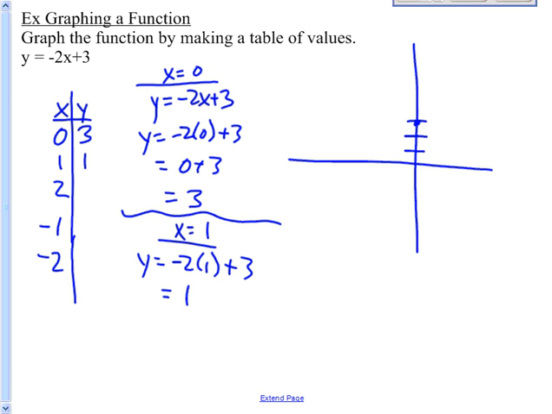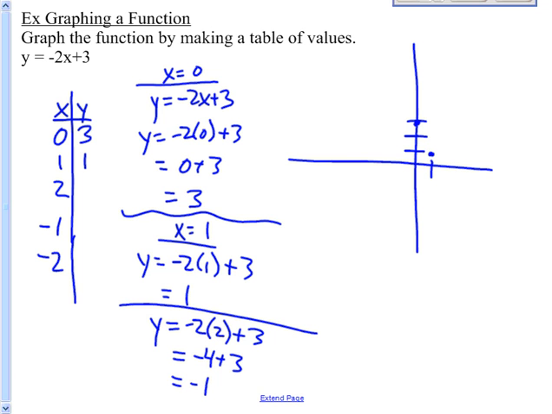I got the point 1, 1. Now I'm plugging in 2. y equals negative 2 times the next value of 2. So negative 4 plus 3, or negative 1. So when my x is 2, my y is negative 1. 2, negative 1.